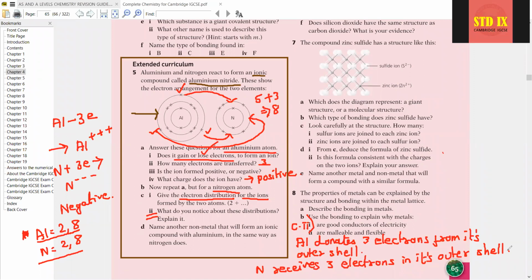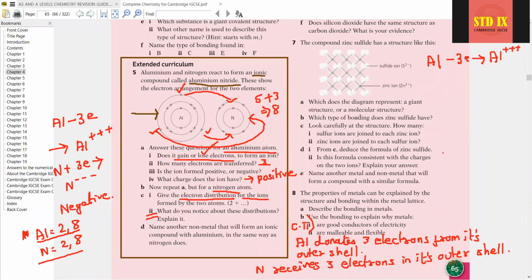Next, part D. Name another non-metal that will form an ionic compound with aluminium in the same way as nitrogen does. Very good question. Aluminium will lose 3 electrons and form Al plus plus plus.